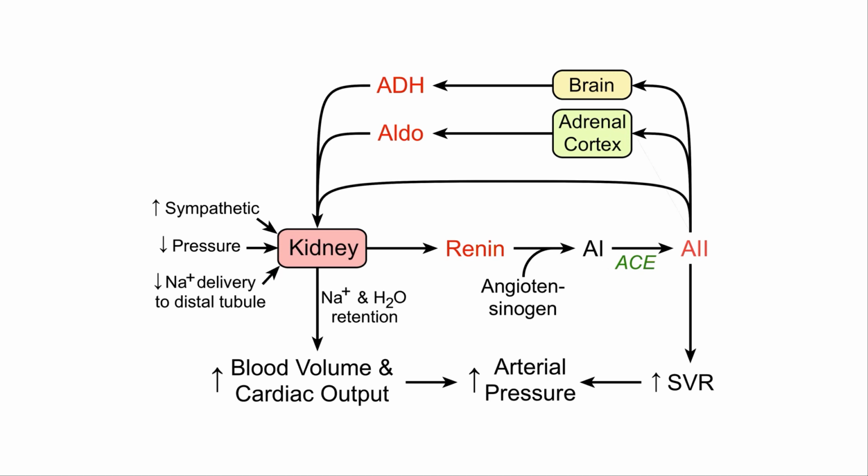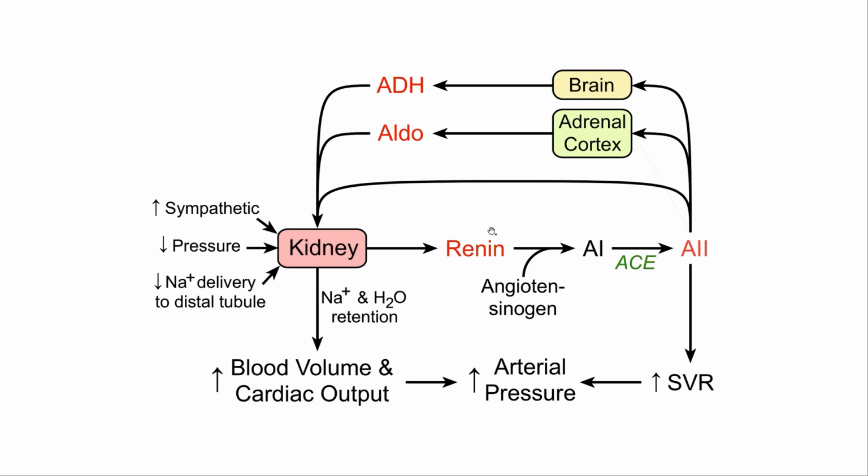So if there's less filtrate, there'll be less sodium. All of those things are the three triggers that make the kidney release renin, and then renin through angiotensinogen will form angiotensin 1.